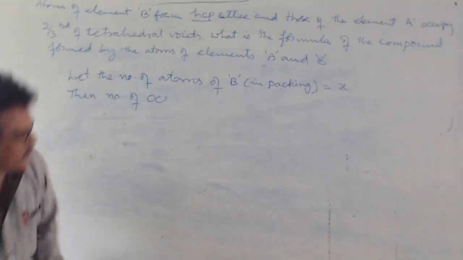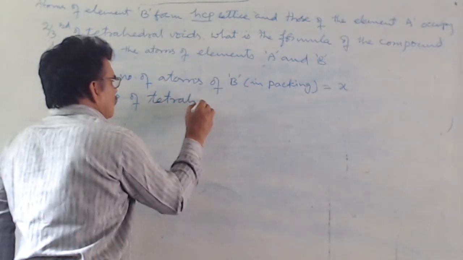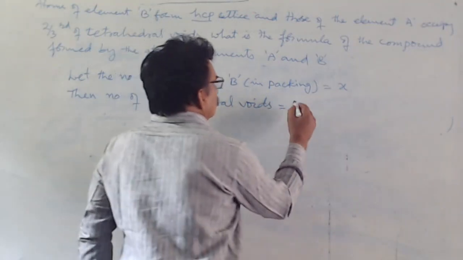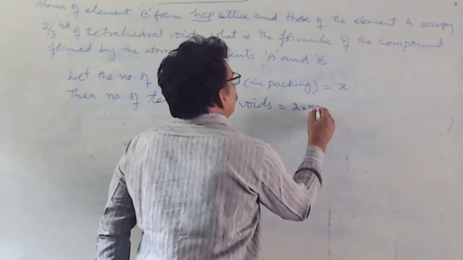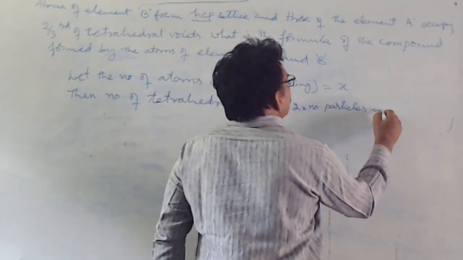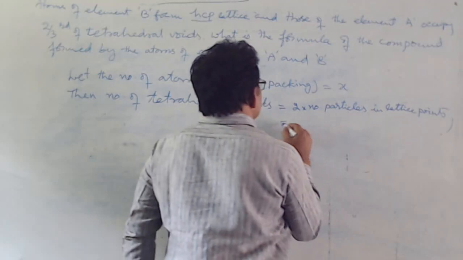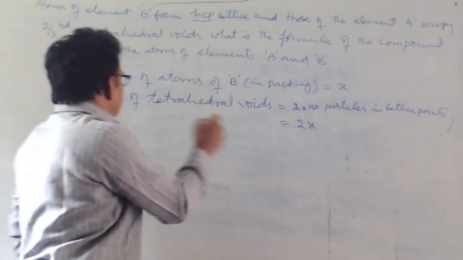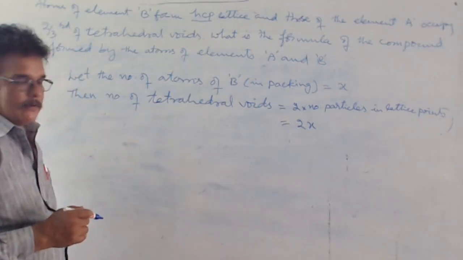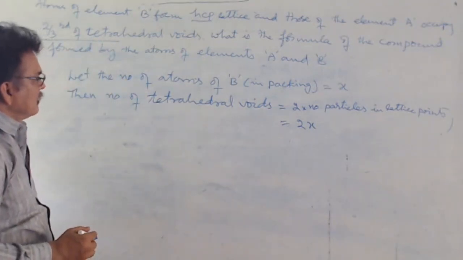The number of tetrahedral voids is equal to 2 into the number of particles in lattice points, that is equal to 2x. These are the number of tetrahedral voids. But all the tetrahedral voids are not occupied by A. Only 2/3 of tetrahedral voids are occupied by A.